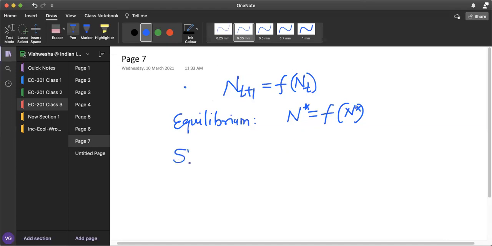So what is the condition for stability? I'm just going to write this down. I won't derive this. Most likely I'll just send a YouTube video link for you to go through the derivation.